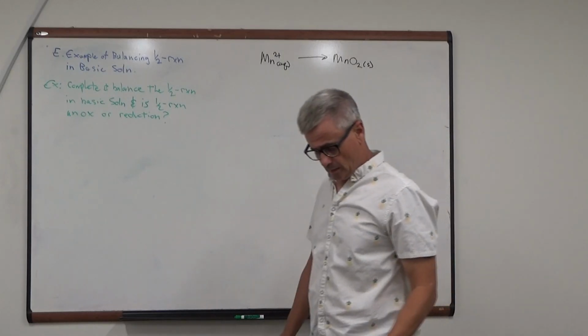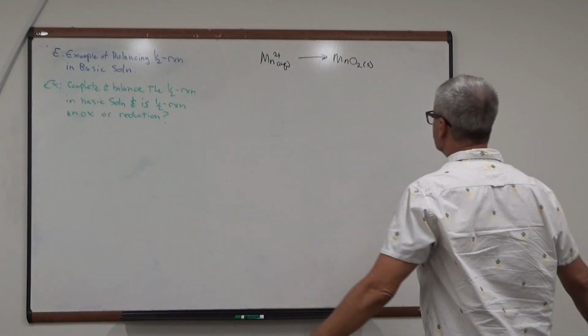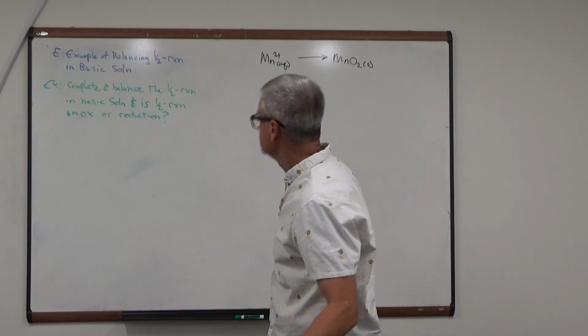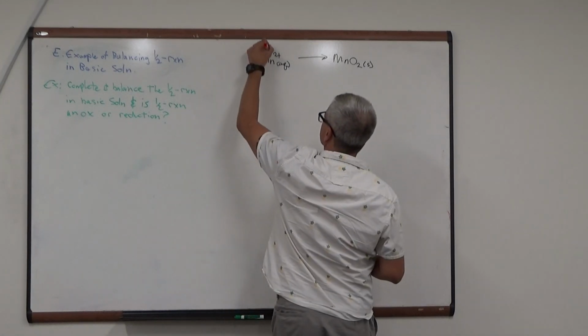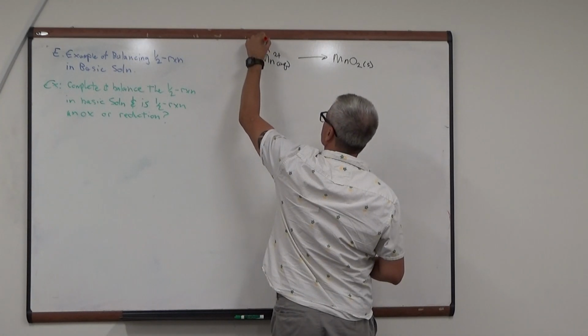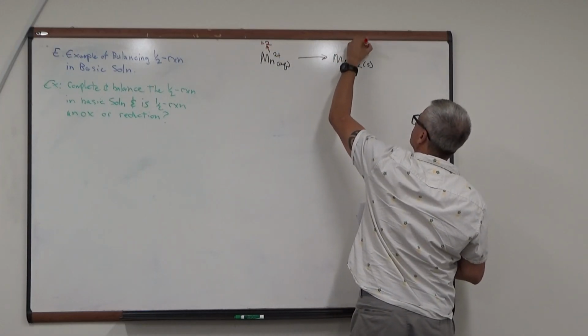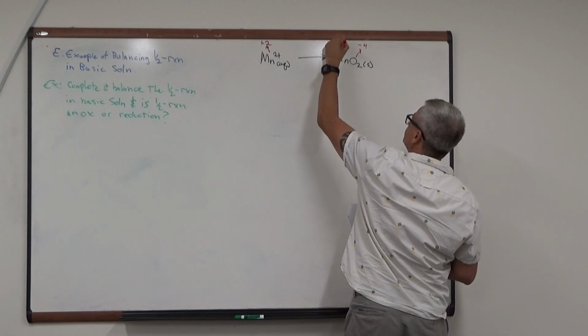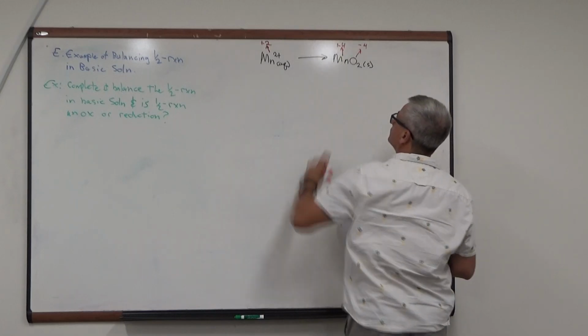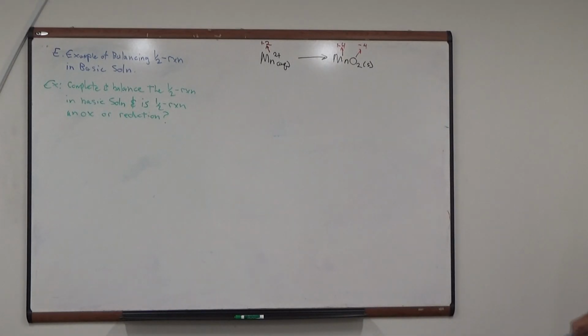Let's first make sure of our oxidation states, so this is obviously +2. That's going to be -4, so this is +4. Already you can tell that this is an oxidation process.